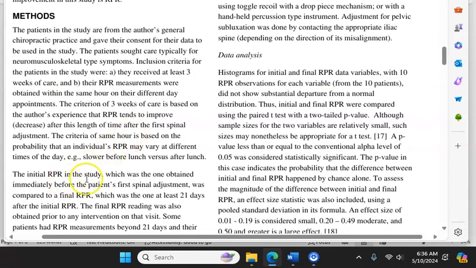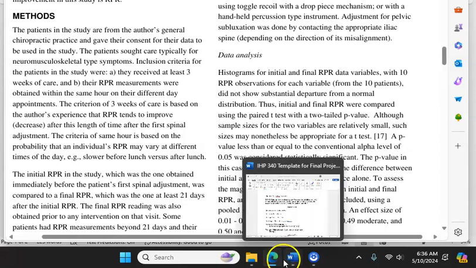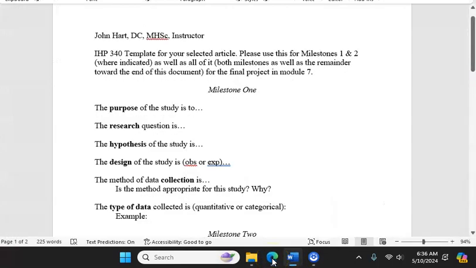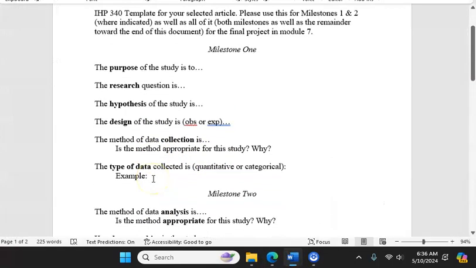And we can see how the patients were selected. And they were consecutively selected, so that's not random. So we would say observational for that one.